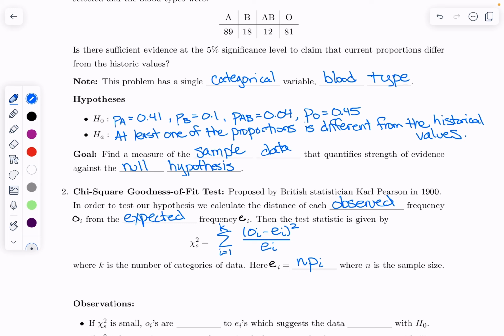We're going to divide by the expected frequency, first of all, so that the units match, because we've now squared the numerator. But the other reason is we want to make sure that this statistic doesn't really depend on the sample size. So we want to scale all the numbers by the expected frequency.